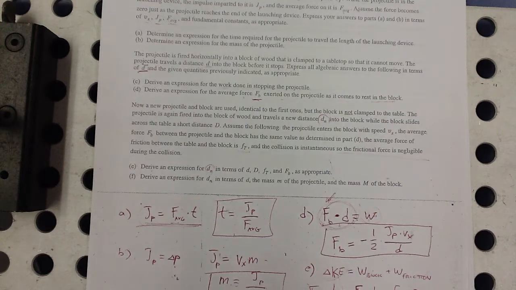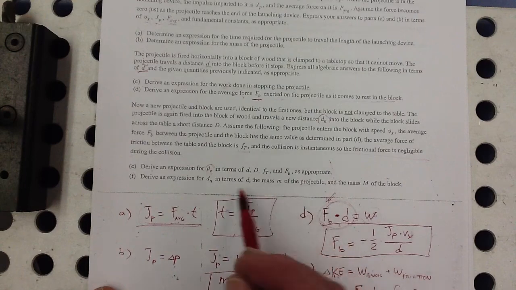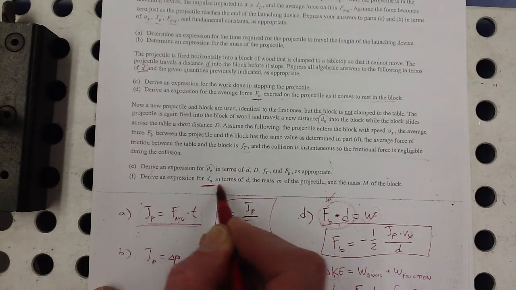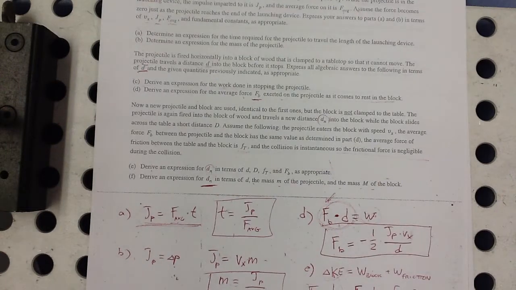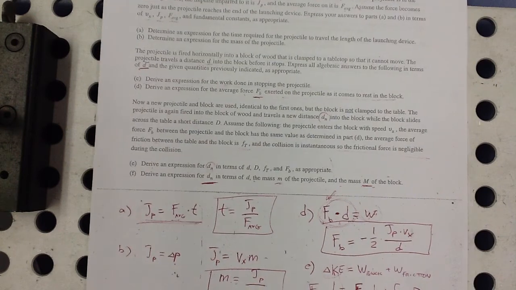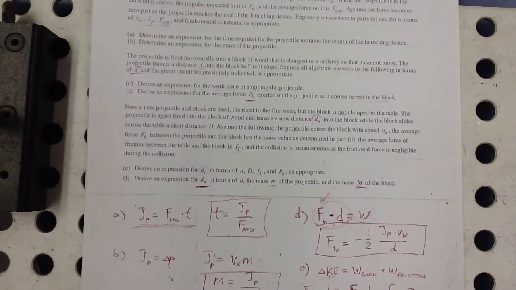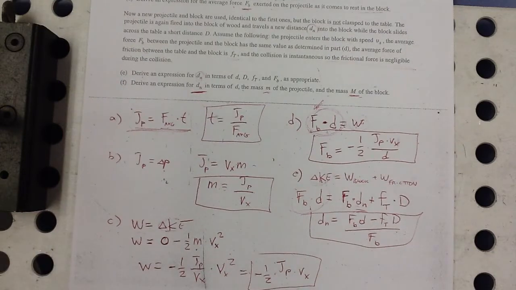Now they want us to derive an expression for this in terms of d, the mass of the projectile, and the mass M of the block. And the masses there might put you in mind, since we haven't done the conservation of momentum yet, that we want to do that. So let me get a little bit more paper here for this last part.